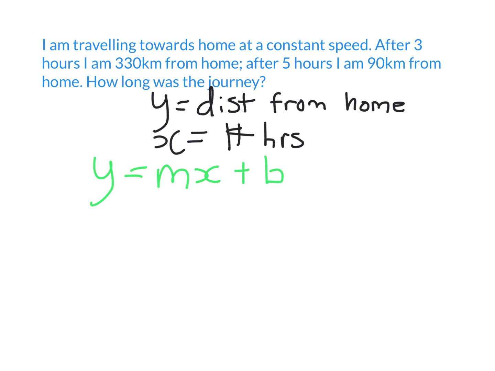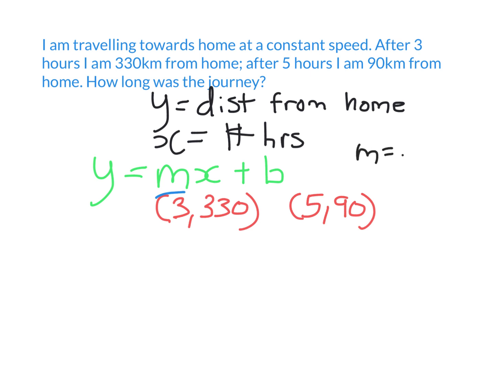Even though it doesn't look like it, we're essentially given 2 points here. We're told when x equals 3, so after 3 hours, y, the distance from home, is 330. And we're told when x equals 5, so after 5 hours, the distance from home is 90 kilometers. From this, we can figure out m, which is the gradient, because the gradient is the rise over the run, or the change in y over the change in x.